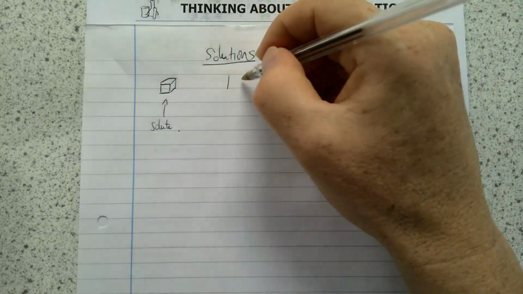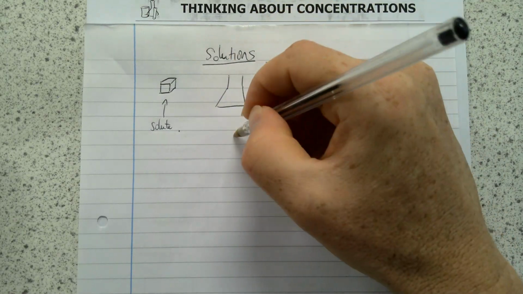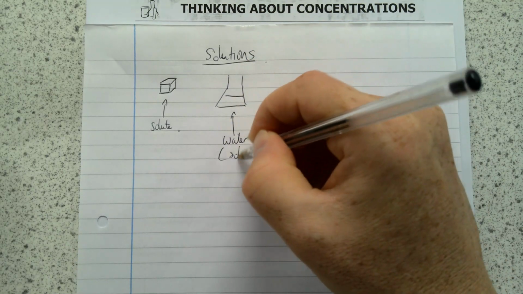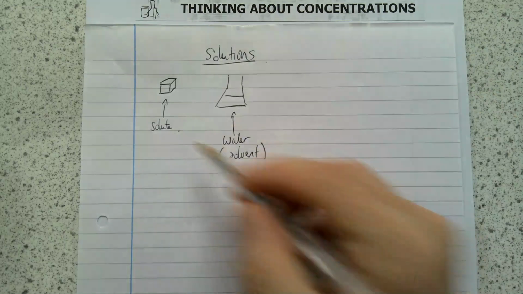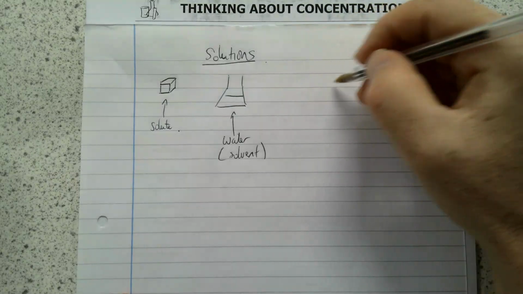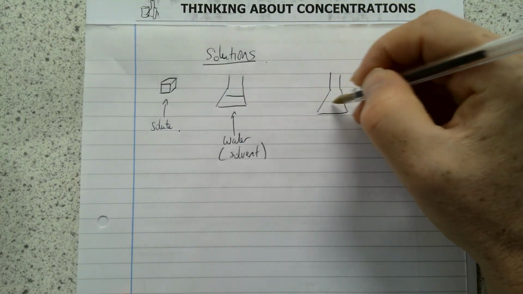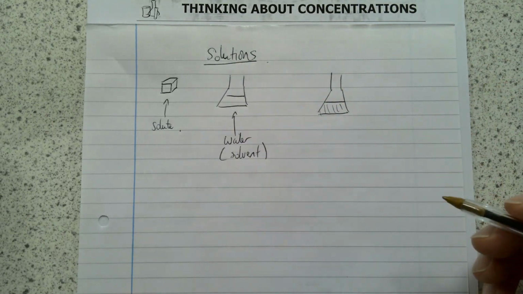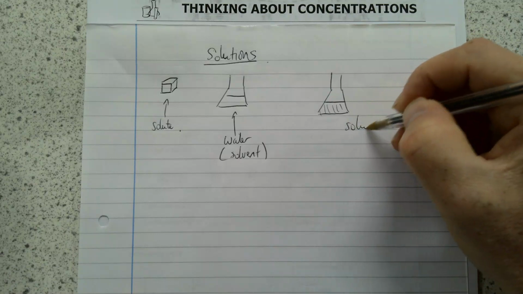We chuck a solute into the solvent, which in this case might be water, and then what we end up with is the solute dissolved in the water, and we call that a solution.